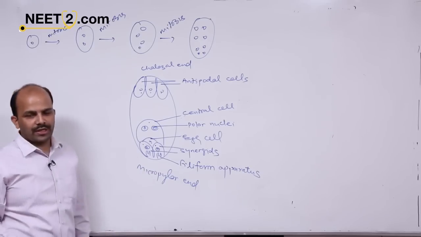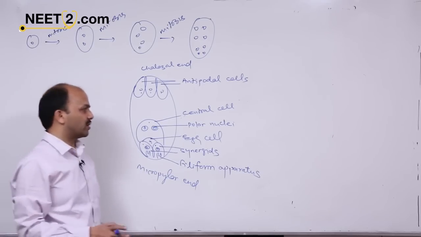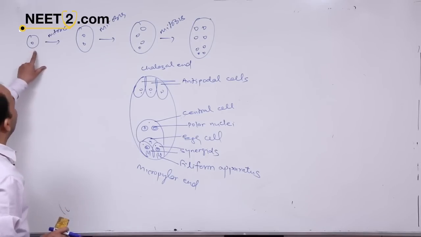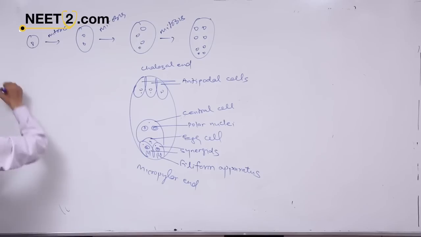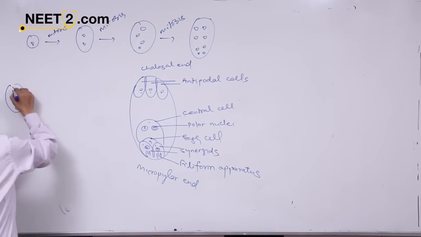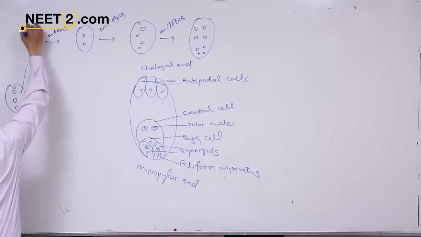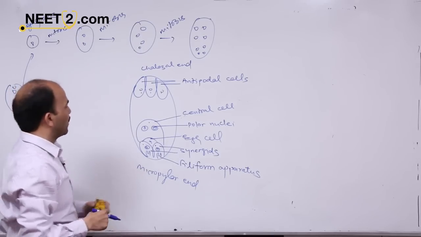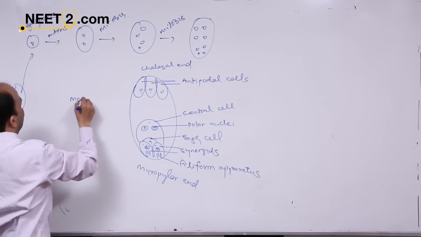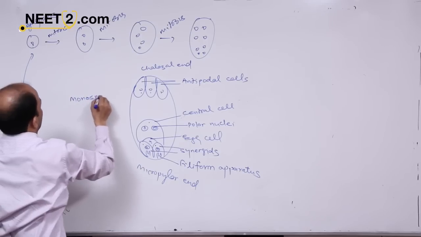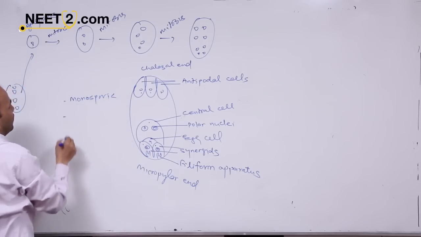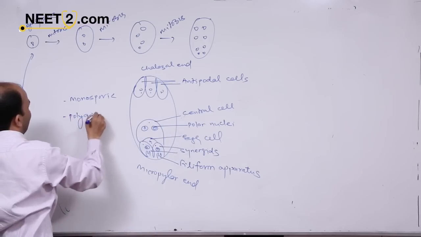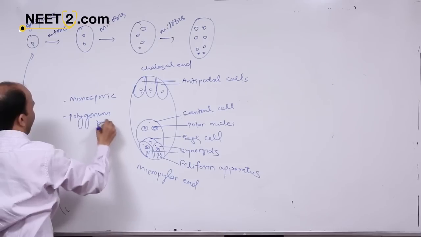Every cell is uninucleate except the central cell, which is binucleate. In most cases, out of 4 megaspores, 3 degenerate and a single functional megaspore develops the female gametophyte. So this female gametophyte you can call monosporic, because it has developed from one spore. This is also called polygonum type embryo sac.